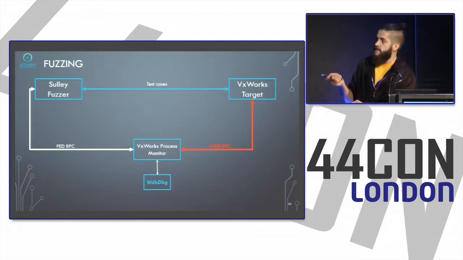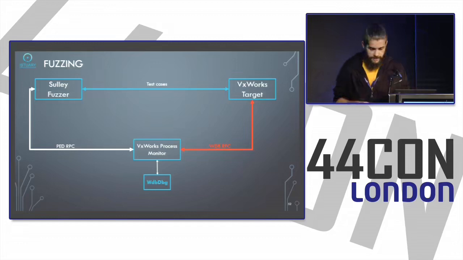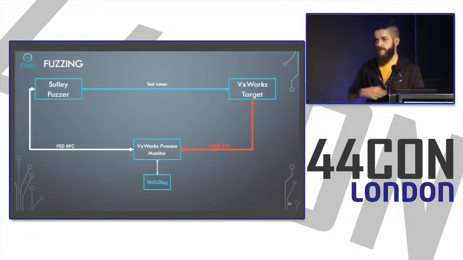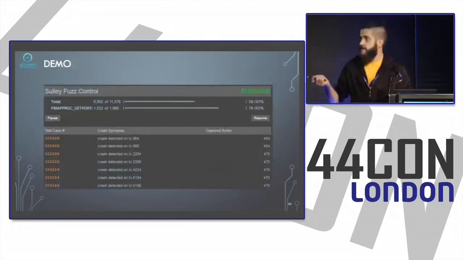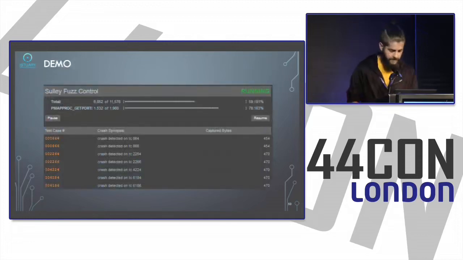And between the VxWorks process monitor and the Sulley fuzzer, the PED RPC protocol, because for now I have no choice. So now I will just show you a demo. It's just a video because the setup of everything is very long, so I don't want you to wait for it. So here are the results.